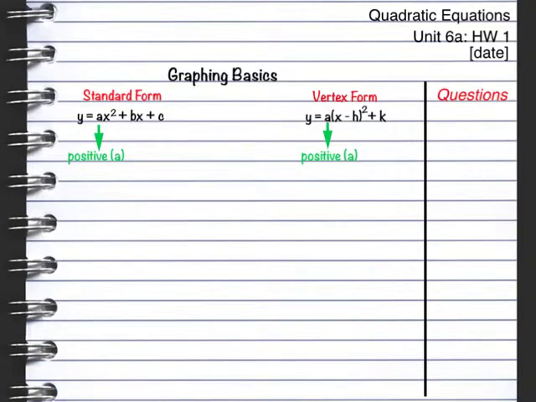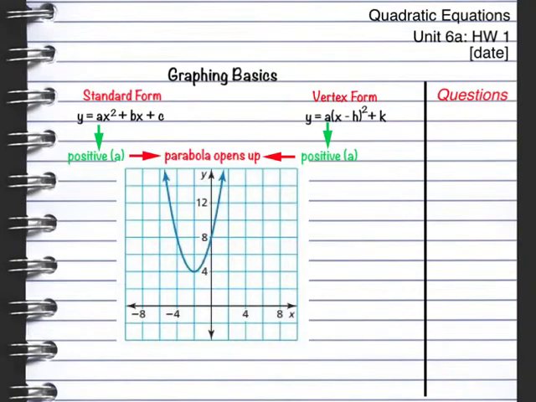So when we're looking at the values of a, when a is positive, you're going to be looking at a graph or a parabola that opens up. And then here, this point right here is known as a vertex.